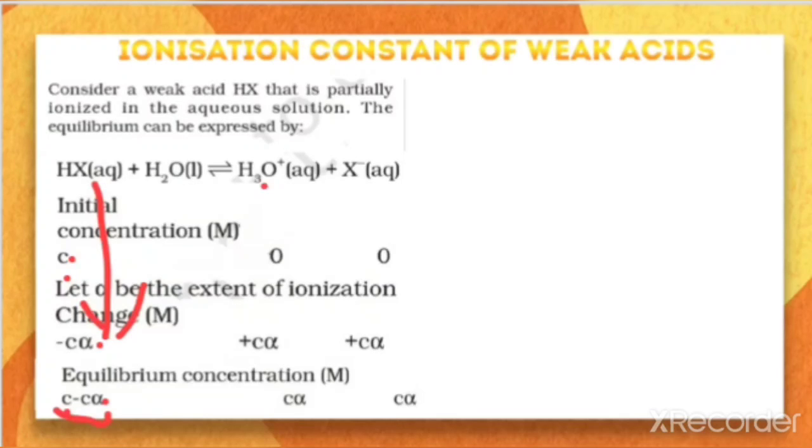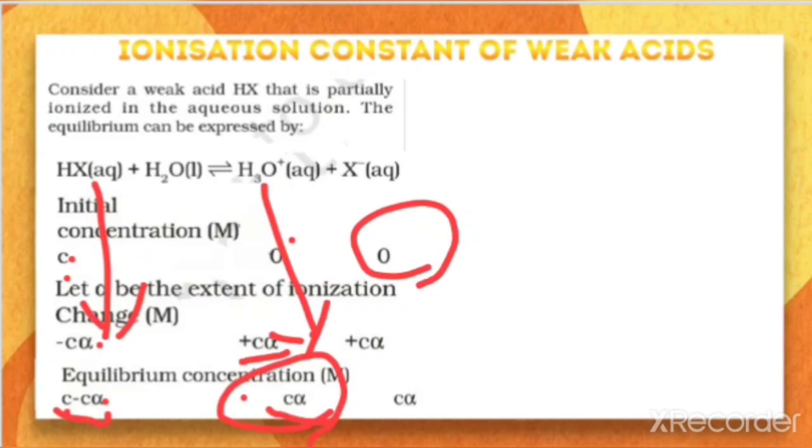But in the case of product, the initial concentration is 0, and C alpha is the increase, so that is 0 plus C alpha, giving C alpha. Similarly for the other product, 0 plus C alpha gives C alpha.